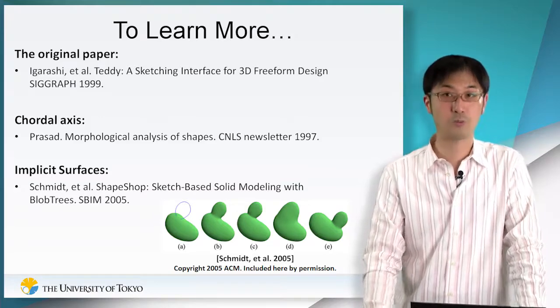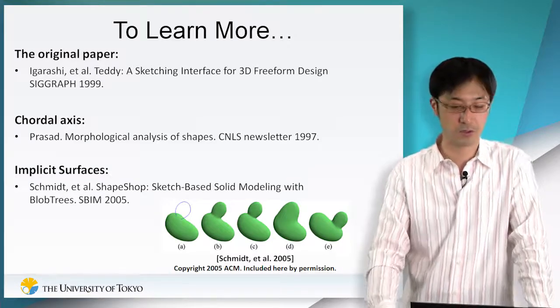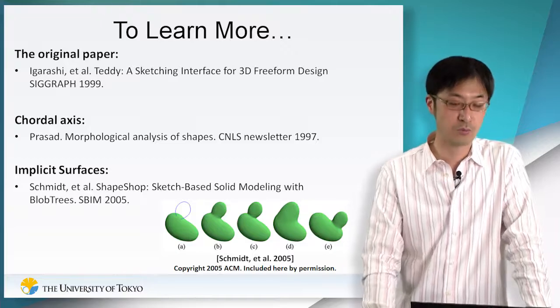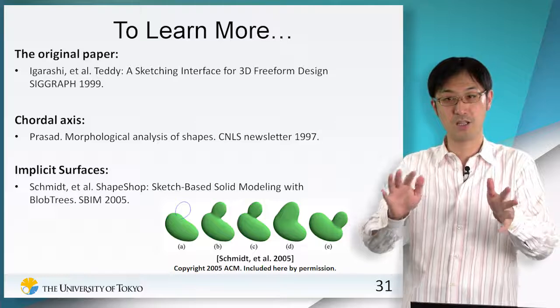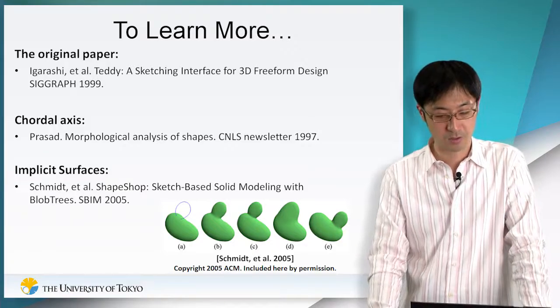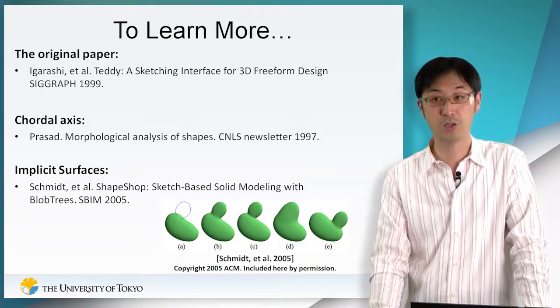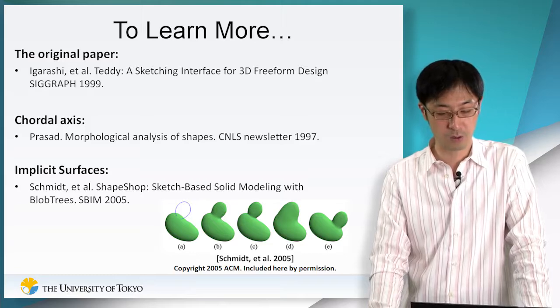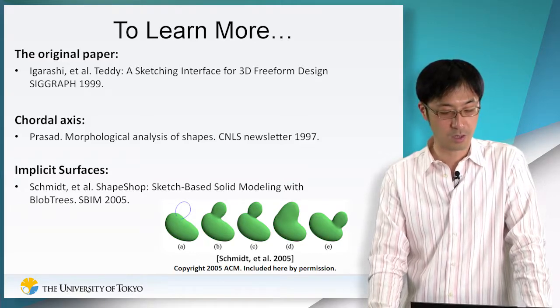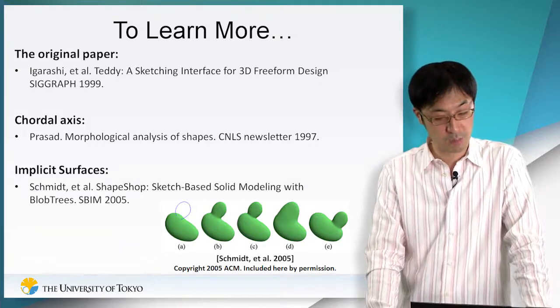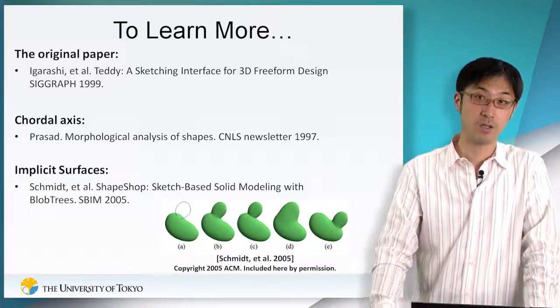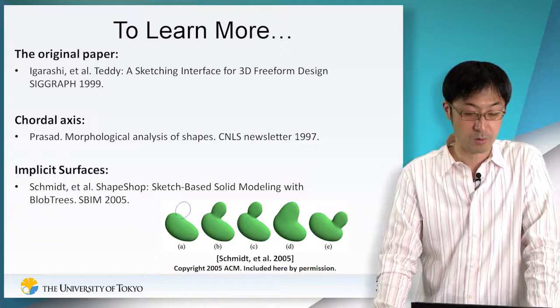And we introduced a polygonal mesh-based inflation algorithm, but another possible approach is using implicit surfaces. It automatically generates smooth shapes like this one, so it generates smooth connections, and the user can also change the configuration later. And this one is called ShapeShop and was published in 2005. And I think the application is also available, so I recommend you try it too. Thank you.